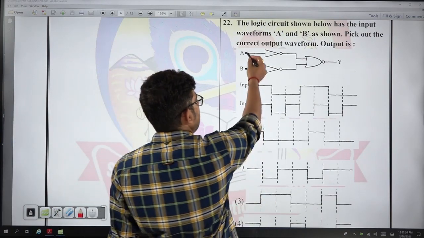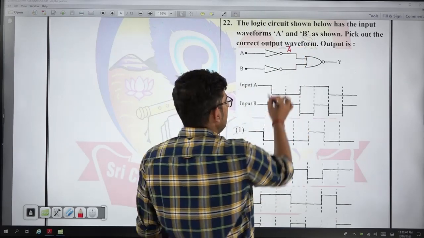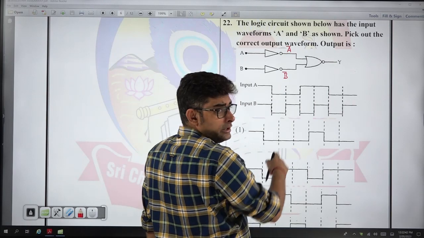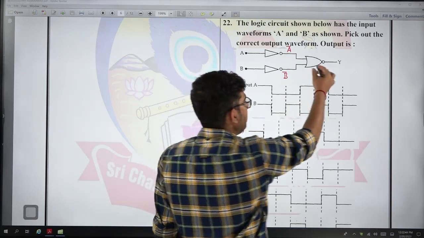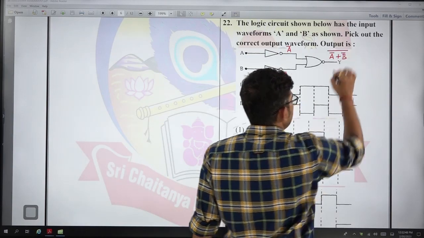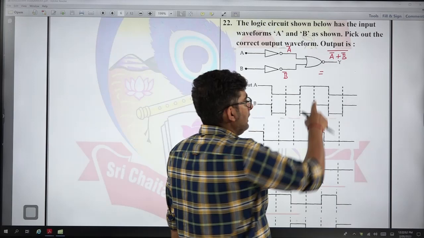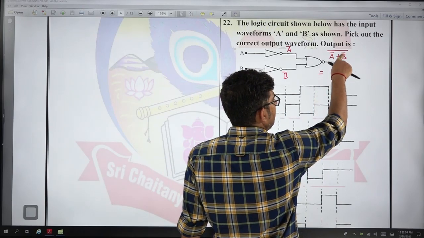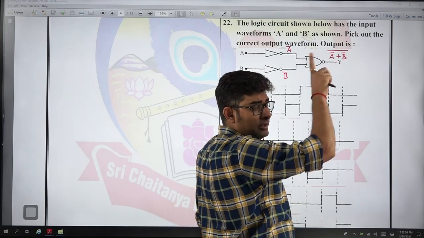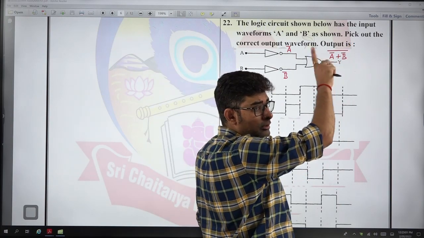Fine. First this is A, this is B, this is a NOT gate giving A bar, this will be B bar. Now you can see this is a NOR gate. NOR means first you add A bar plus B bar and NOR means double bar. Now we have studied De Morgan's law. A plus B whole bar is equal to A bar B bar.